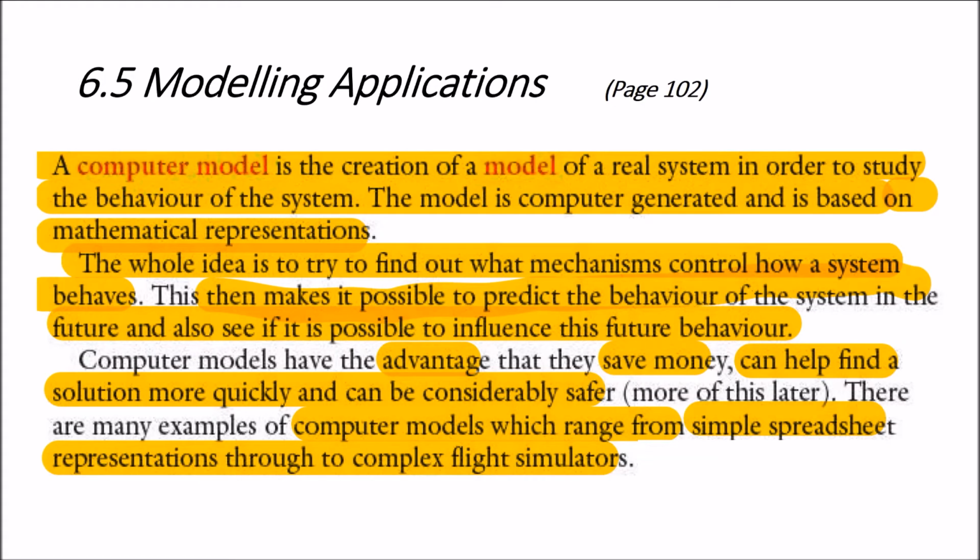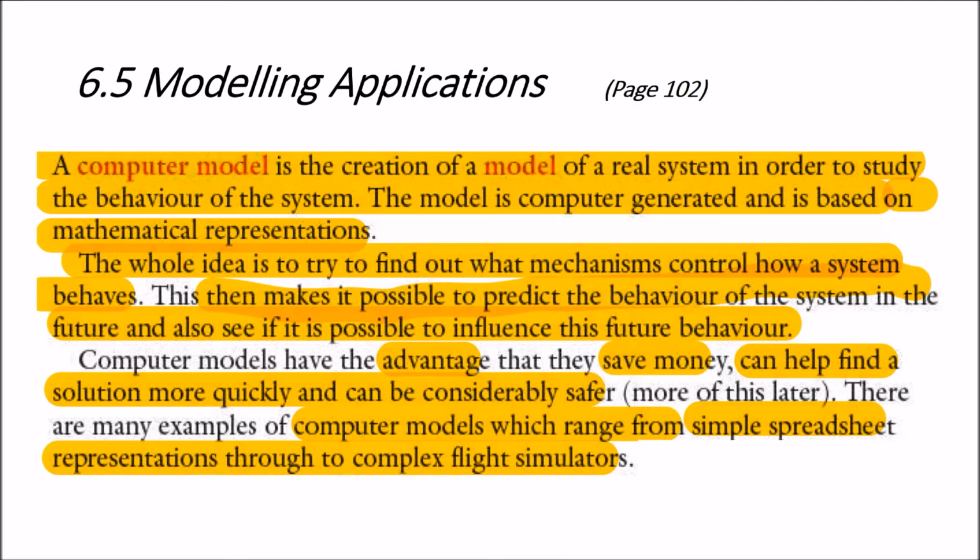And now, in our books, we can find modeling applications. It's on page 102. A computer model is the creation of a model of a real system in order to study the behavior of the system. The model is computer generated and is based on mathematical representations.